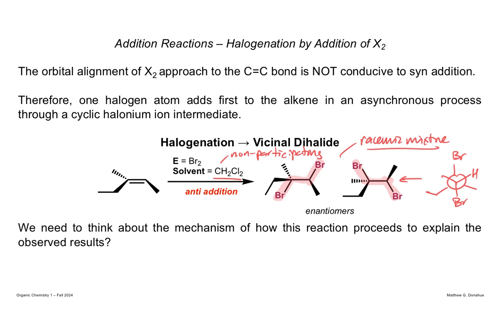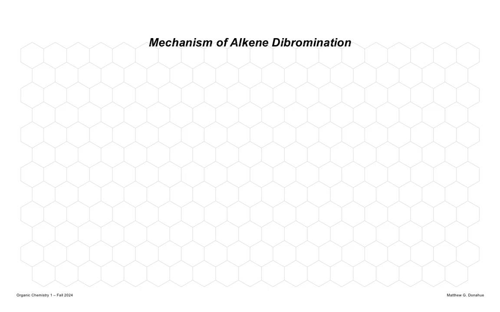But how do we explain why that is? So for the most part, we're normally sort of looking at bromine as it's drawn, so like horizontally.